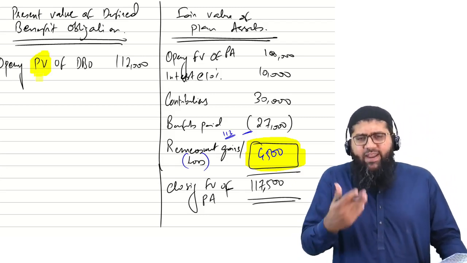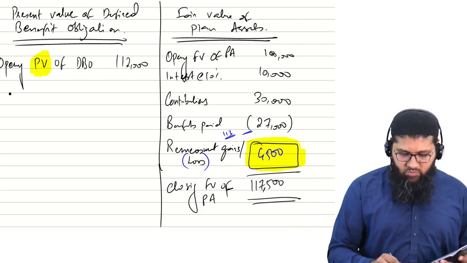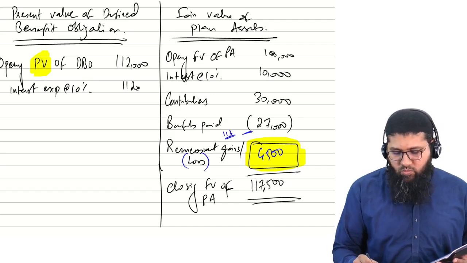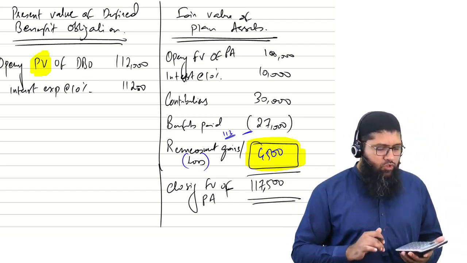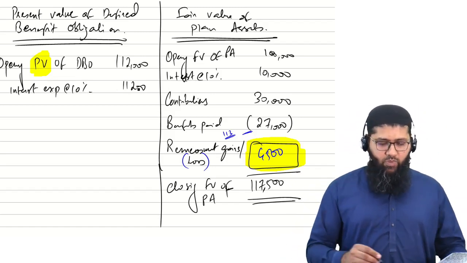There's going to be unwinding of discount. So 11,200 is going to be the unwinding of discount.